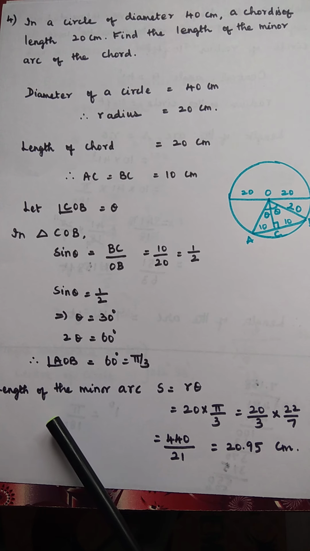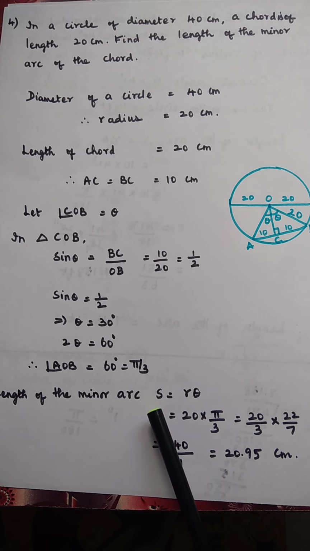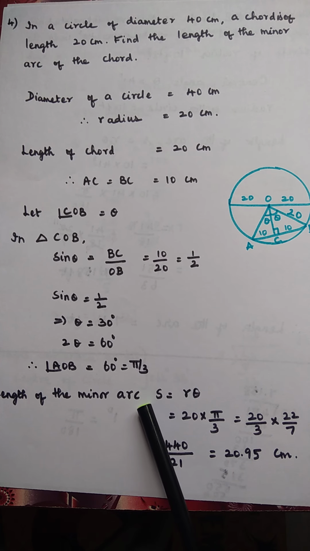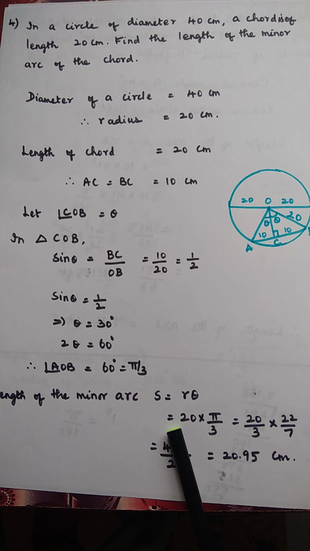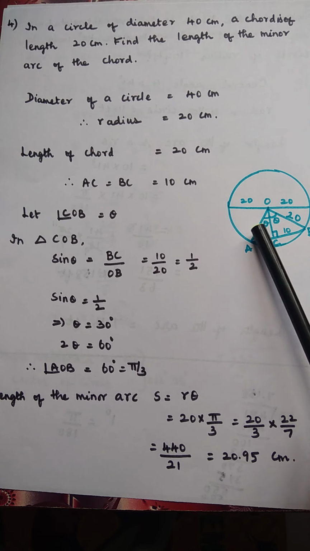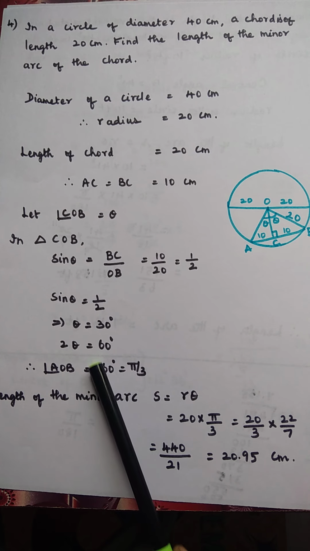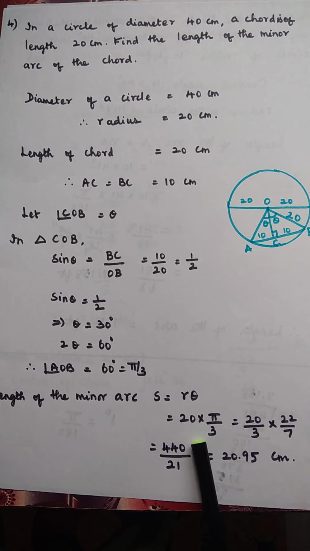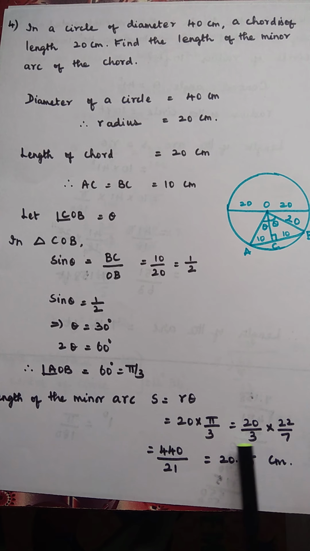Now we want to find the length of the minor arc. We know the formula for length of the arc, S equal to R into theta. Radius of the circle is 20 and this angle is 2 theta, 60 degree, pi by 3. So theta is pi by 3. 20 by 3, pi is 22 by 7.